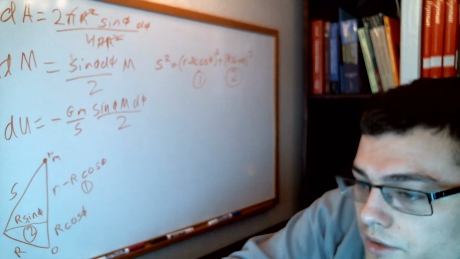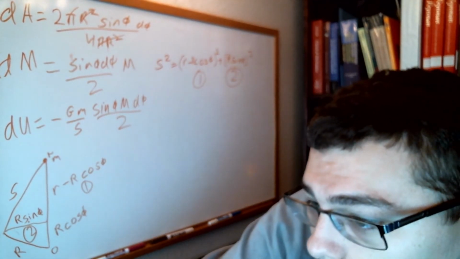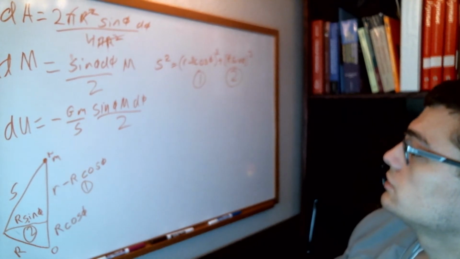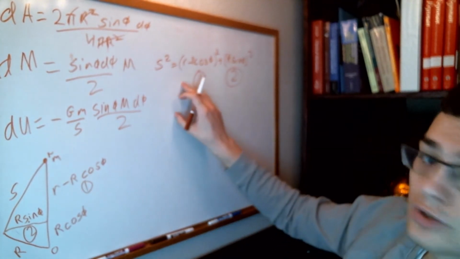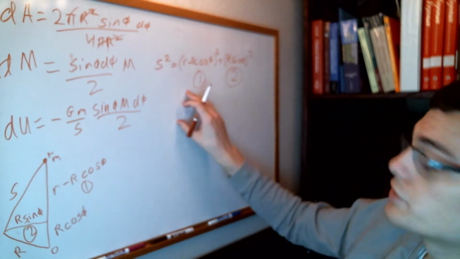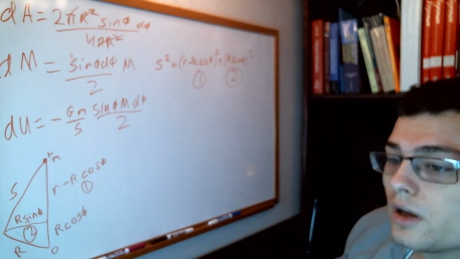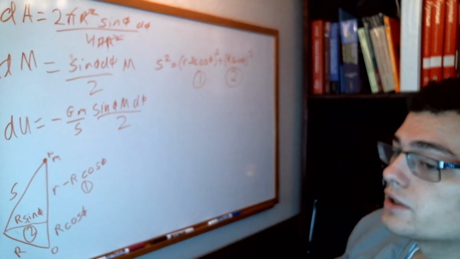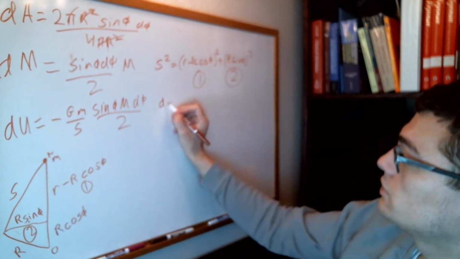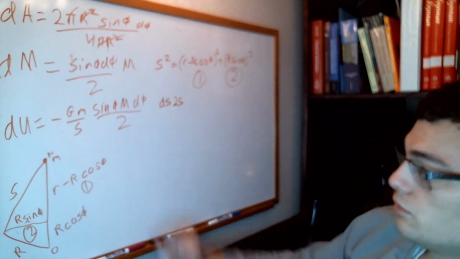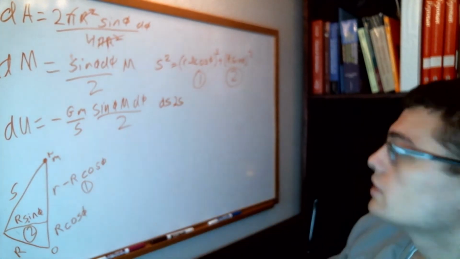So next up, this is a useful equation, because if we take the differential of both sides, what we're going to end up getting is 2s ds, which is what we have here.